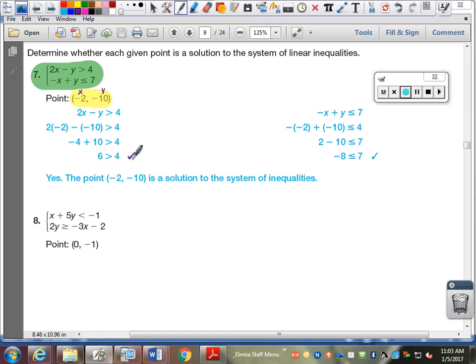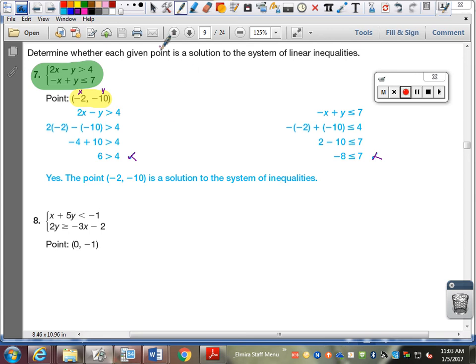That's true. -8 is less than or equal to 7. That's true. If they're both true, then yes, this point is a solution to the system. They have to both be true. If you get a false the first time through, you don't even have to sub into the second inequality, because one false is all it takes. But if you sub in the first one and it works, you still have to test the second one.